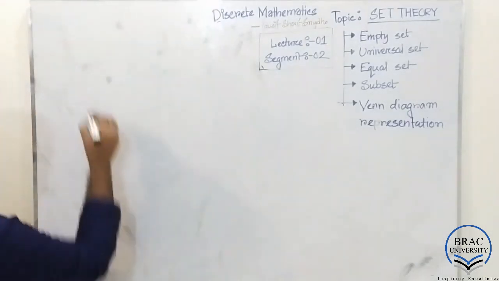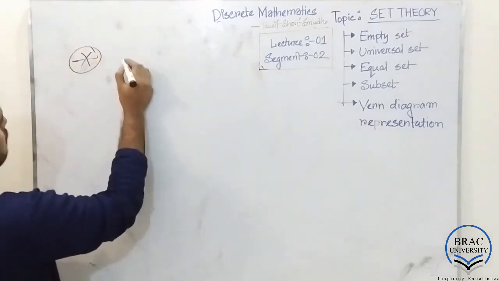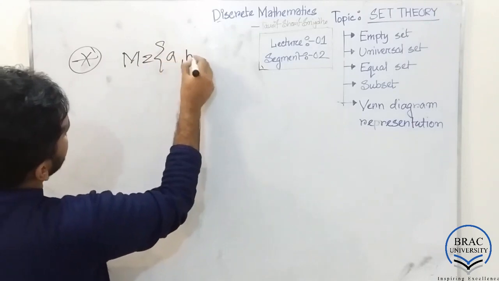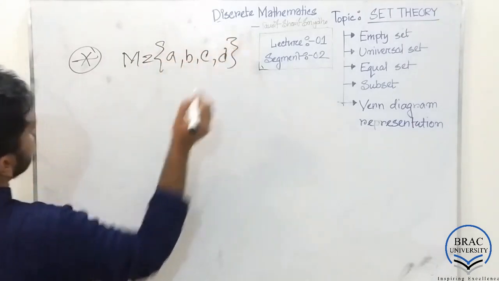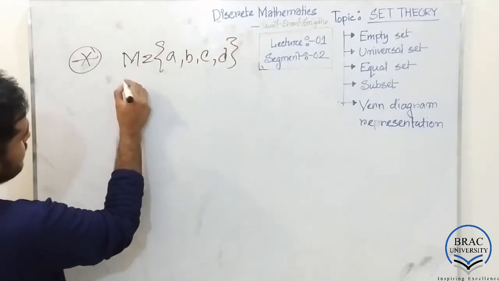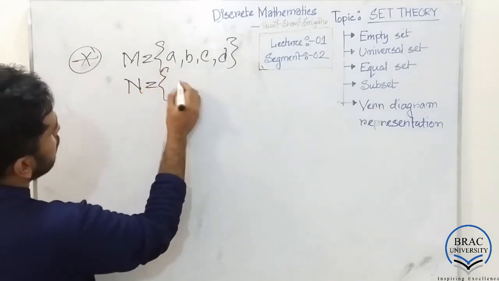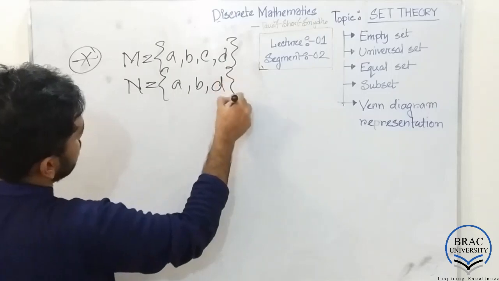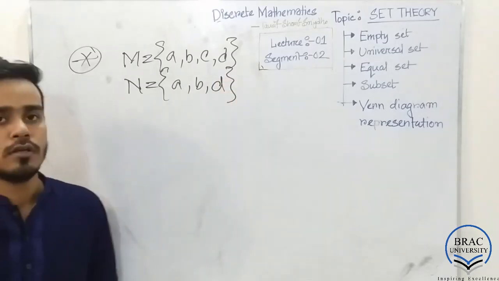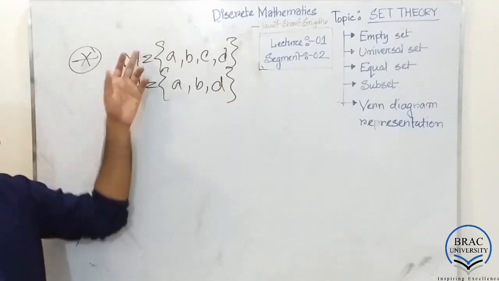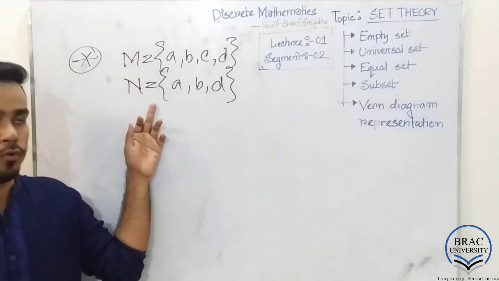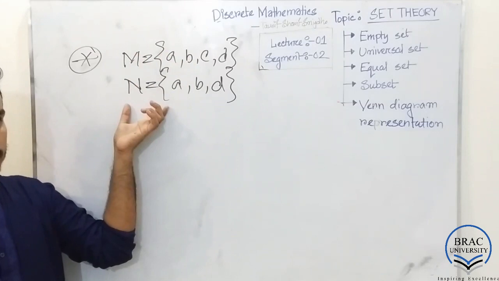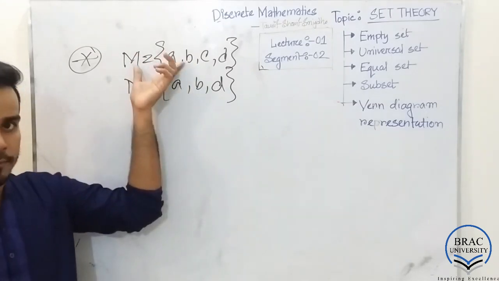So now we know what a real subset is. We can ask another question too. For example, set M = {A, B, C, D} and set N = {A, B, D}. First question, is M a subset of N? No, because M has more elements than N here. So N is a subset of M. Why?